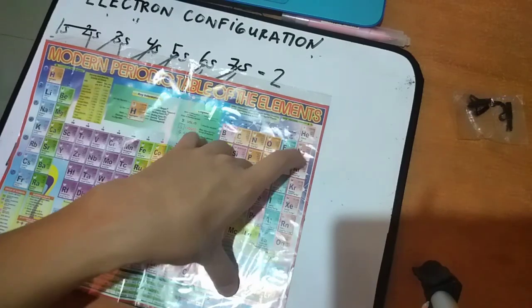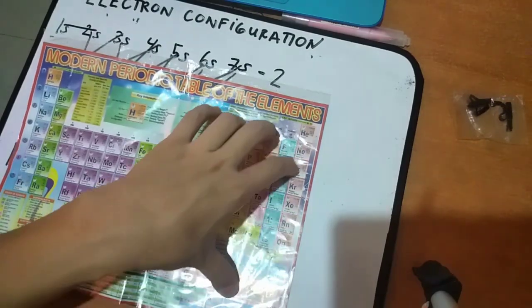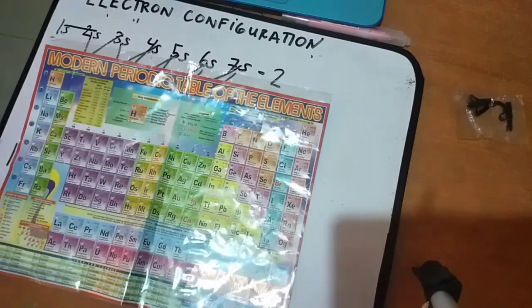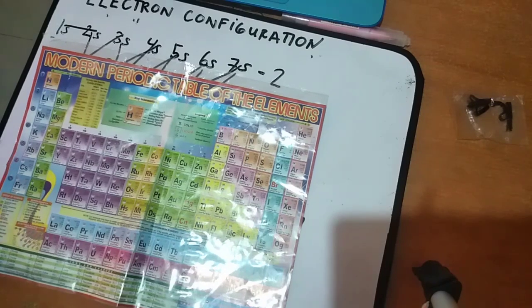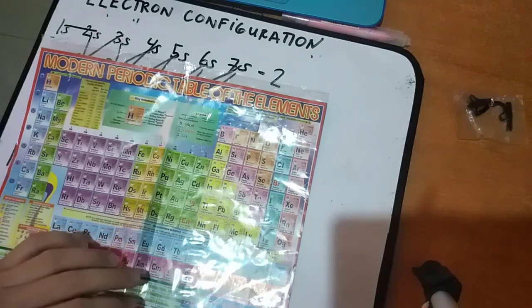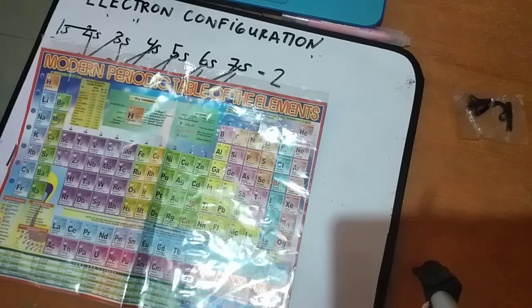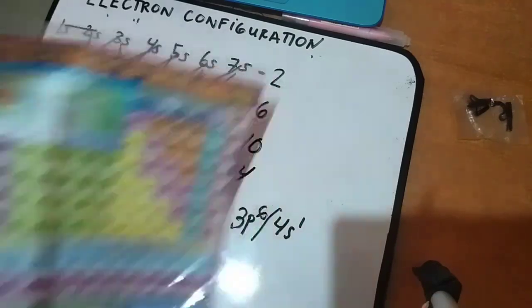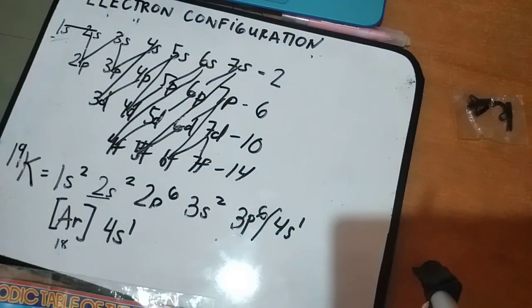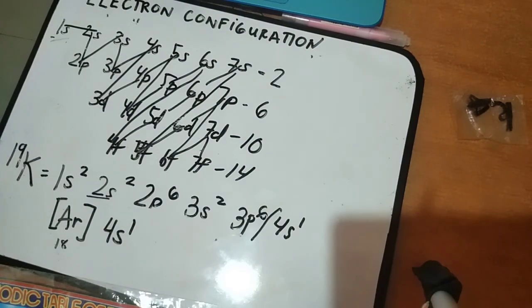Ibig sabihin nun, they are already stable noble gases because they have already filled the maximum of 8 electrons on their outermost shell. Okay? So, filled na. Puno na. So, tingnan natin yung configuration ng isa. Okay? We'll do the longhand and then the shorthand method.